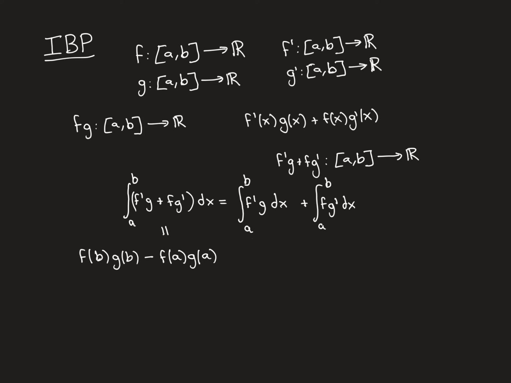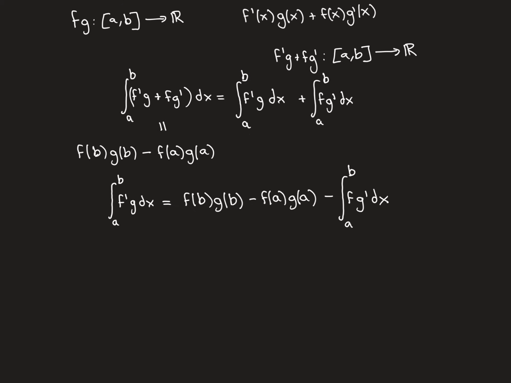The second fundamental theorem of calculus then tells us that if the Riemann integral of your derivative exists, then its value must be the value of the antiderivative evaluated at the upper bound minus the value of the antiderivative evaluated at the lower bound, which is exactly what we've applied here. So we know that this is equal to this. We're replacing this with this now, and it's going to be equal to this.